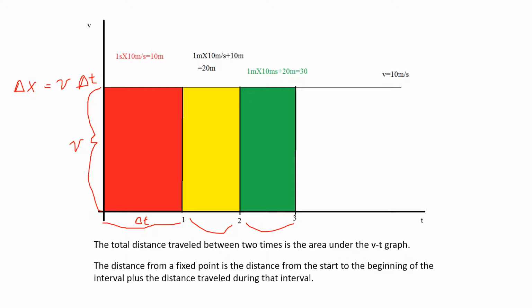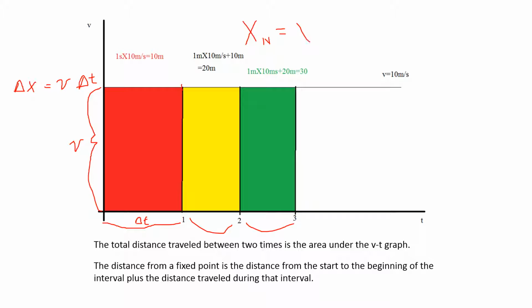However, our starting point has changed. So at the end of 1 second, we've traveled 10 meters. At the end of 2 seconds, we've traveled another 10 meters plus our original 10 meters, giving us 20, and so on.